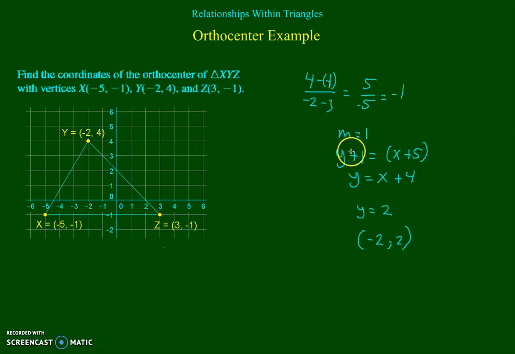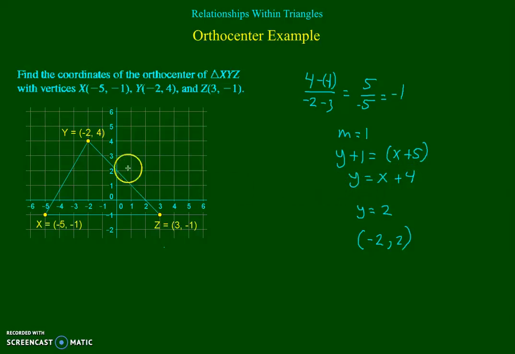So let's use our point slope form, and this point, we want the equation of a line through this point perpendicular to this line. So it's y minus negative 1, which is y plus 1, equals x plus 5, or x minus a negative 5. So there's our equation. We subtract the 1 from both sides, we get y equals x plus 4.